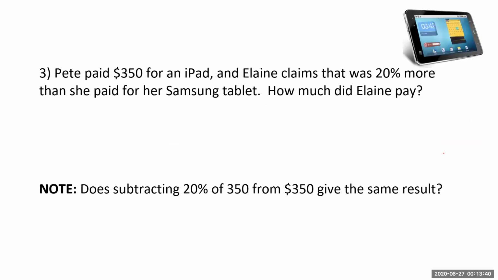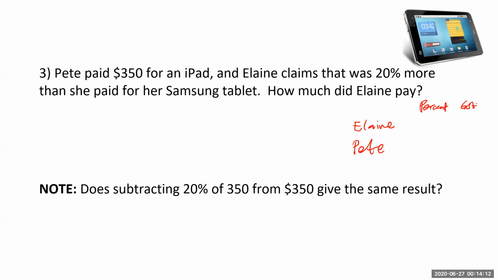Now, Pete paid for an iPad. Okay. So here, this is a very controversial problem. We will look at how it would have worked if you tried it the other way. So we're talking about Pete and Elaine, and then we have percent, and then we have the cost right there.